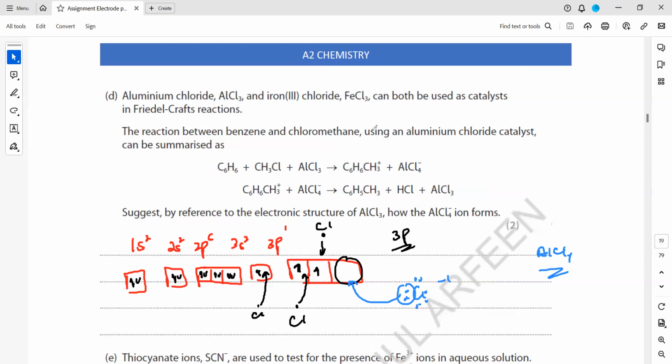So AlCl3 has, as you can see, an empty p orbital. As a result of this empty p orbital, what will happen? It can accept a pair of electrons from the chloride ion, which makes it more stable. Is it clear?